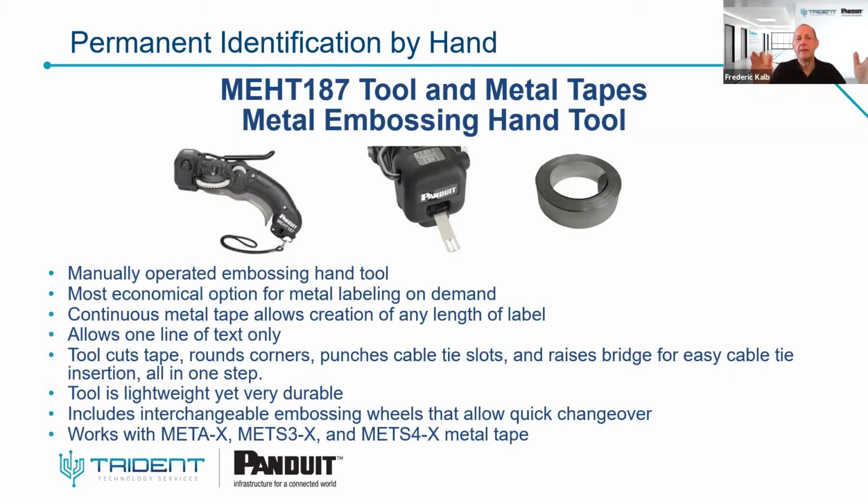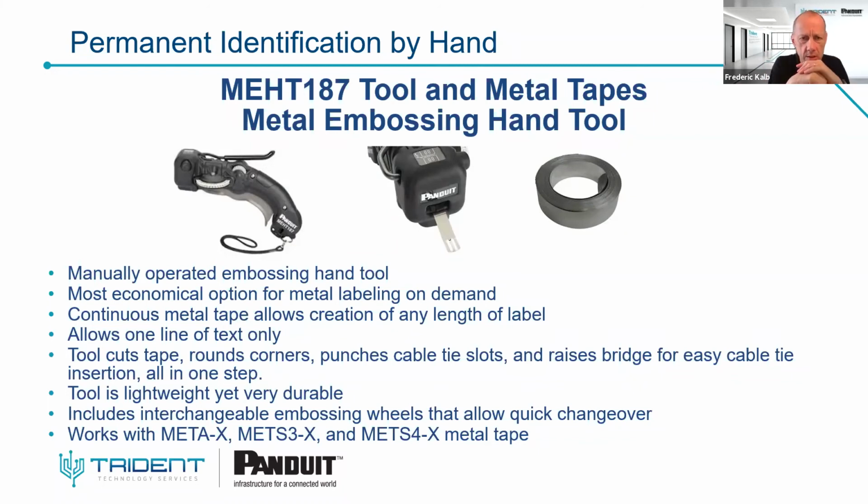You are not limited. You can make the label as long as you want, because the raw material is a band, you see it here in a reel, and so you can generate very long labels, very short ones, but it's by hand. So it's really for small needs, but it's a nice solution.